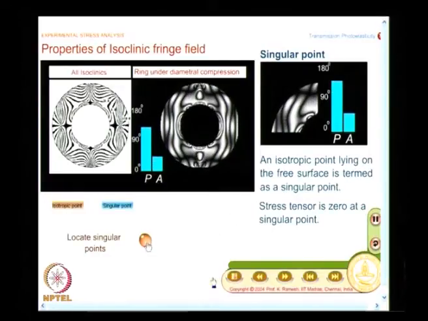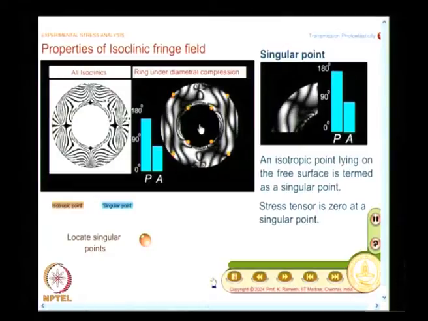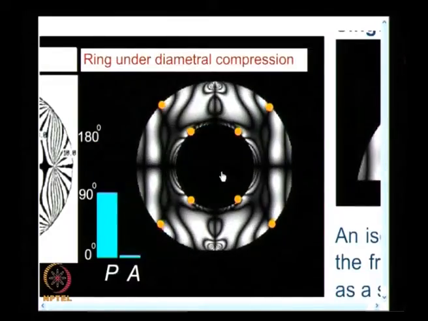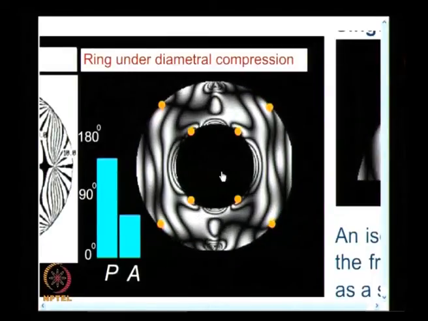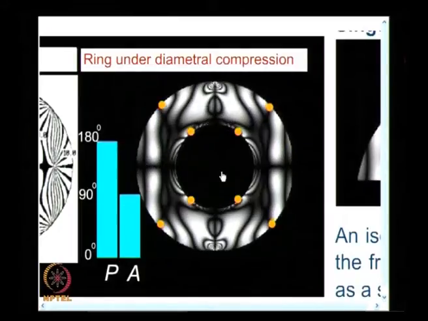And if I locate the singular points, you yourself know there are 8 such singular points in the ring under diametric compression. So, now you have a fairly good idea what is a source, what is a sink, what is a saddle point, what is an isotropic point, and what is a singular point.